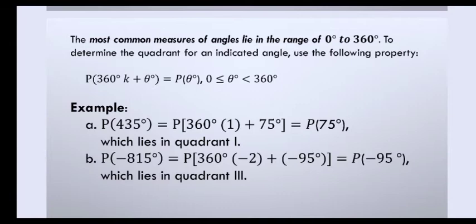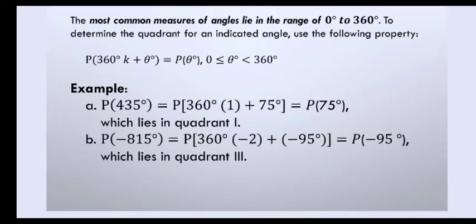To determine the quadrant for an indicated angle, we use the following property: P of 360 degrees times k, wherein k is the number of 360 degrees na pwede nating i-multiply until maabot natin yung remainder ng degree measure natin, plus our degree theta, is equal to P of degree theta, wherein theta is greater than or equal to 0 but less than 360 degrees.